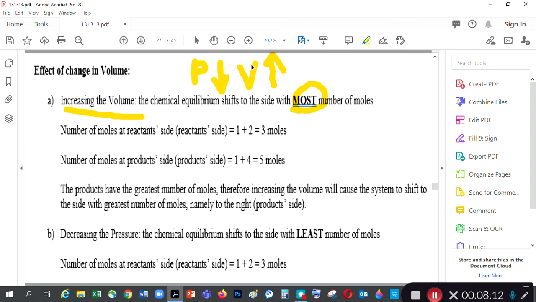If I increase the volume, I'm decreasing the pressure, and the shift will be to the most number of moles, correct? And the opposite, if I decrease the volume, the pressure will be high, and the shift will be to the least number of moles.